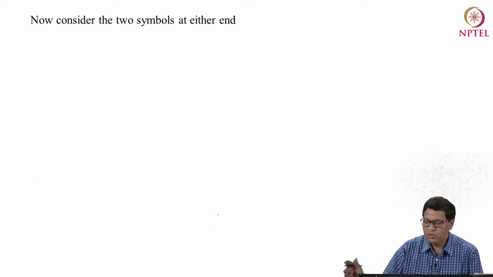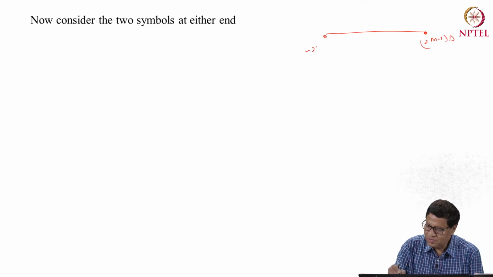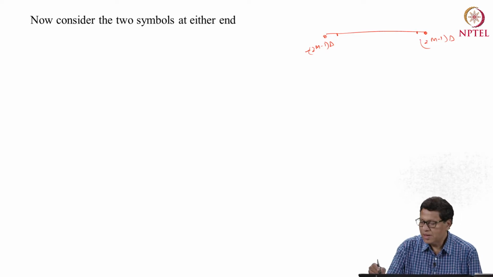Now consider the 2 points at either end, that is this point and this point, which is 2m minus 1 delta, and this is minus 2m minus 1 delta. And here there will be a neighboring point. So anything which is beyond this, suppose the noise has shifted this, it will always be decoded as this point.